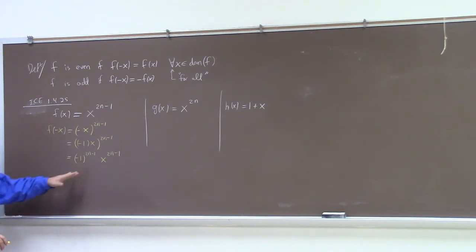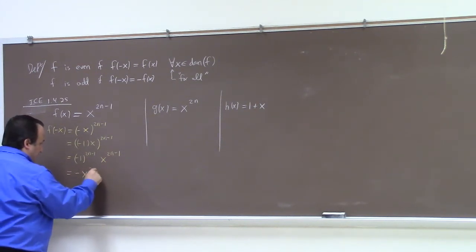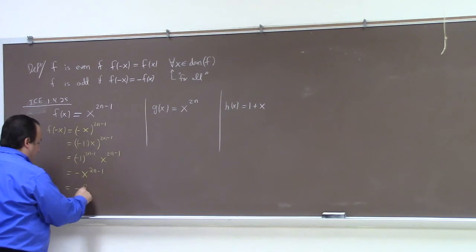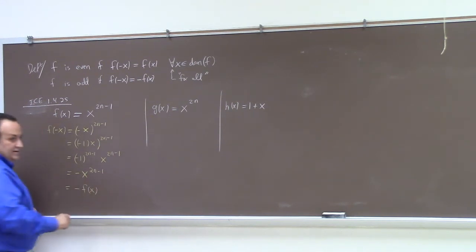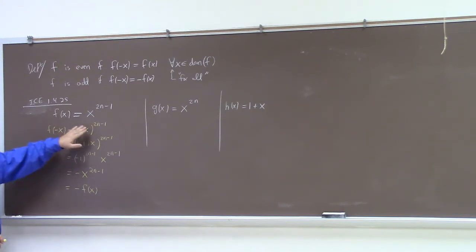So this is just minus x to the 2n minus 1, which of course is minus f of x. What does that show us? That an odd power function, because it's x to an odd power, is in fact an odd function. So guess what? An even power function, what do you think is going to happen?